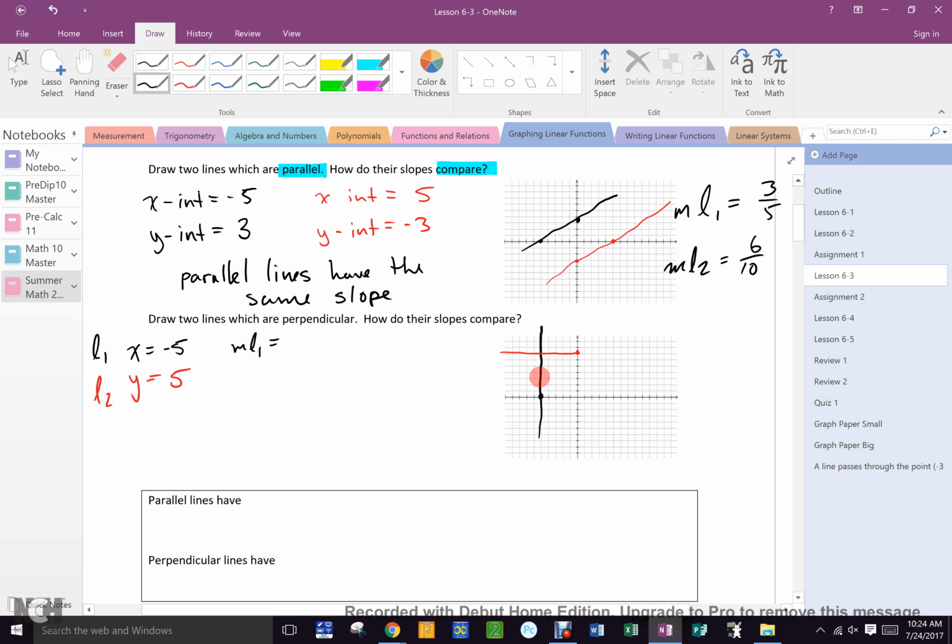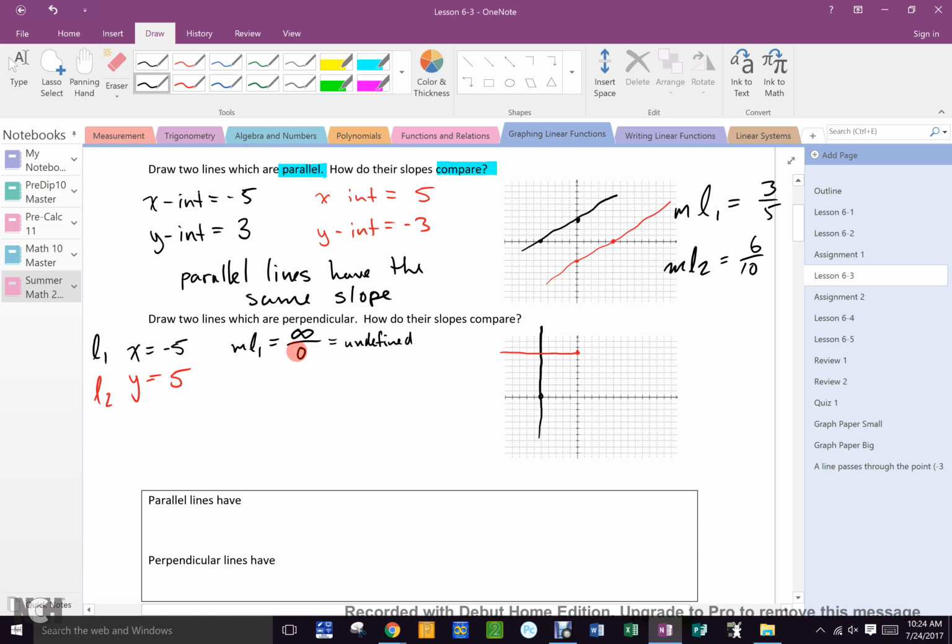Infinity, right? It goes up and down infinity. How far does it go side to side? 0. Is that allowed? No, because we can't divide by 0. So this is an undefined slope, right? And it's undefined because it is something over 0.